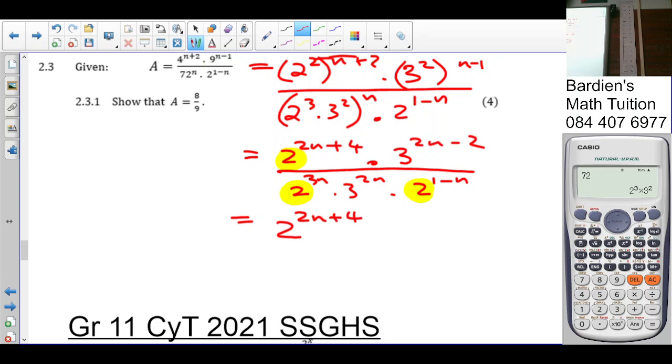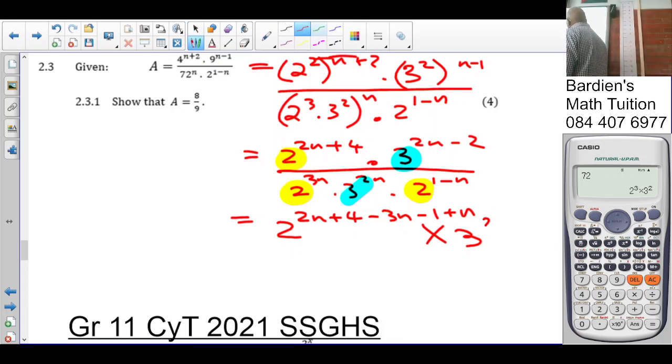So it's 2 to the 2n plus 4 minus 3n minus 1 plus n times 3. Now with the exponent of 3, you can only bring those bases together, not so. So that's now going to give us 3 to the 2n minus 2 minus 2n. Okay. So what do we do now?